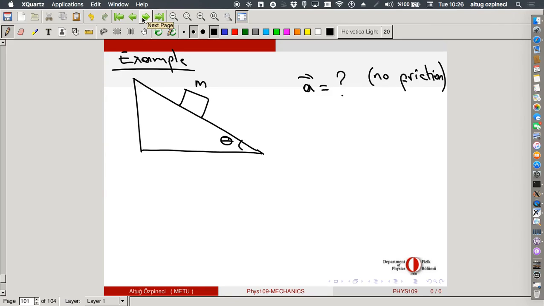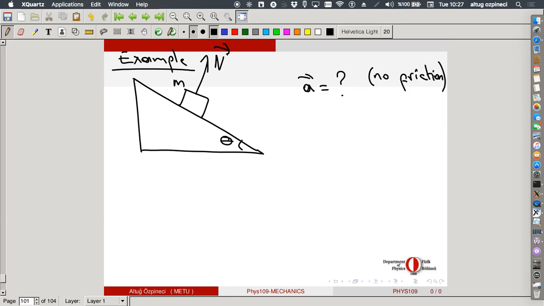We are on an inclined plane, but we still say that the normal force is perpendicular to the surface. This is the normal force. So why not at some different angle?